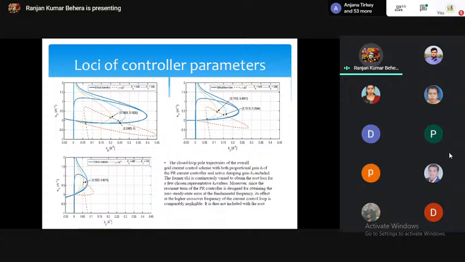Similarly, in the nonlinear system, you start from any point in the space, and as t tends to infinity, you reach the origin. That is the most important thing.